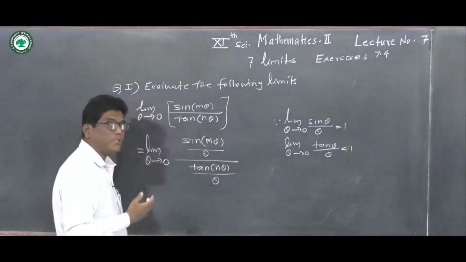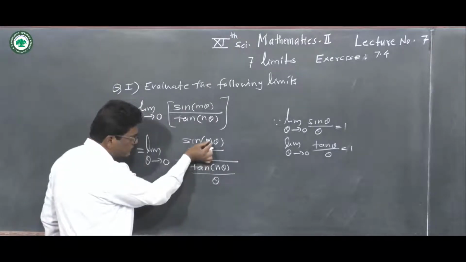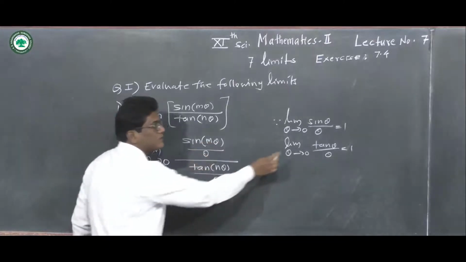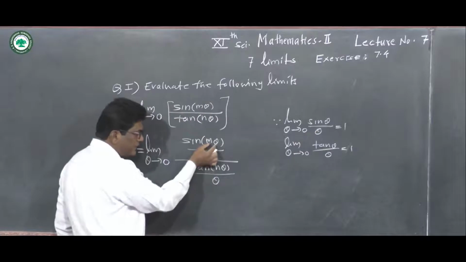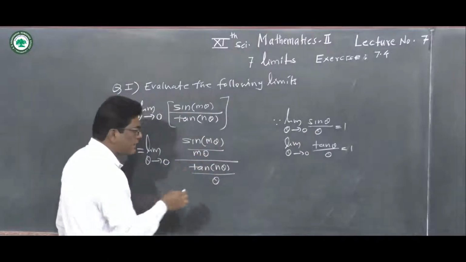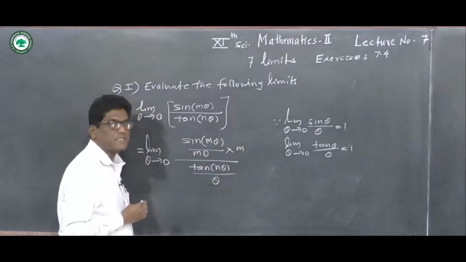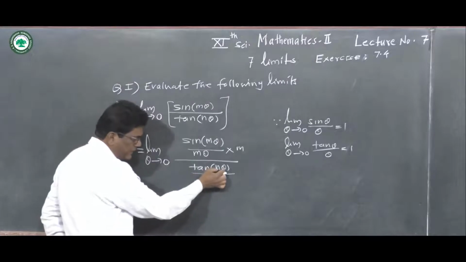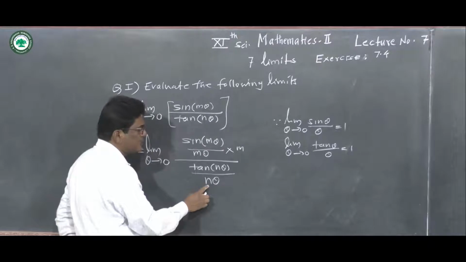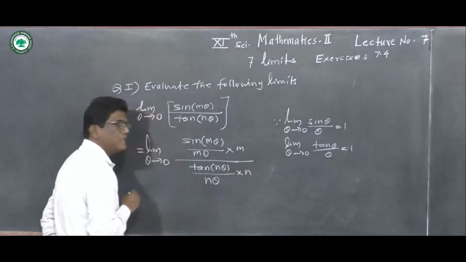We take the same operation on numerator and denominator. Now here we want m theta, so here must be m theta, because here theta upon theta. So m theta upon m theta, so I adjust here m and cancel this m by multiplying, so this m and m get cancelled. Now here also tan of n theta, so take here n theta, we adjust here n and cancel this n by multiplying, this n and n get cancelled.